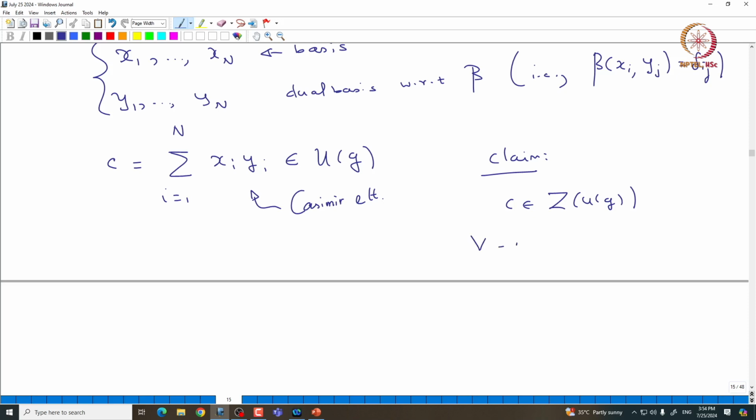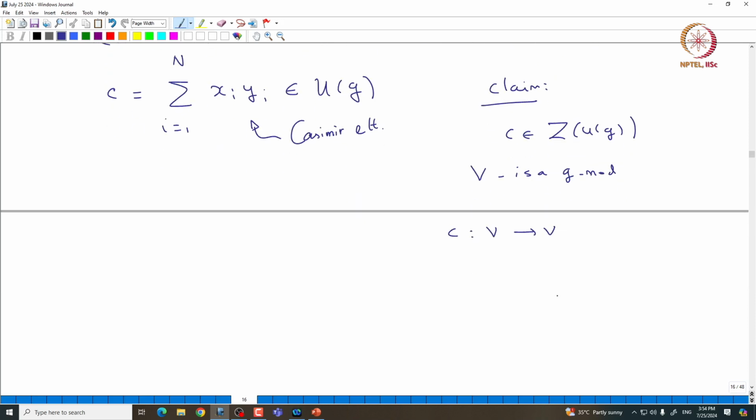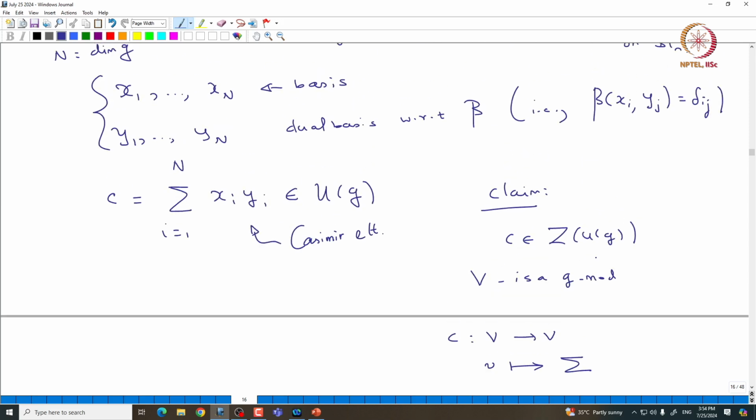If V is a G-module, then I can define a map from V to V, call it C. You take the vector v and send it to the summation. I am just dropping the iota notation, but you can always use that.